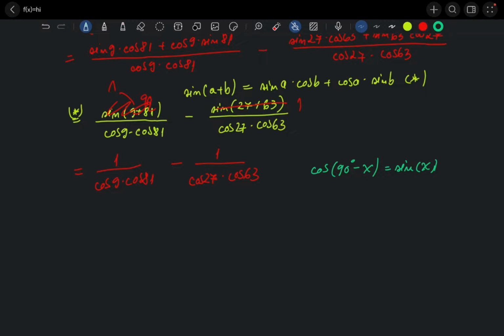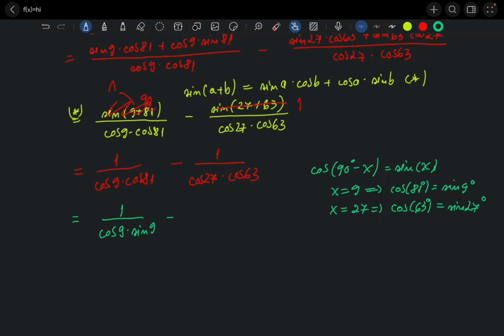By substituting x being equal to 9 in our expression, we get that cosine of 81 will be equal to sine of 9 degrees, as well as if we substitute x being equal to 27, we get that cosine of 63 will be equal to sine of 27. Now, using this fact in our equation, we get 1 over cosine of 9 times sine of 9 minus 1 over cos 27 times sine 27.